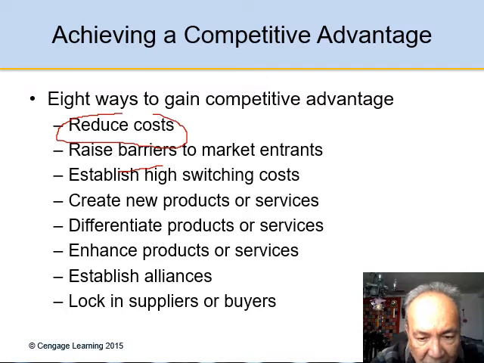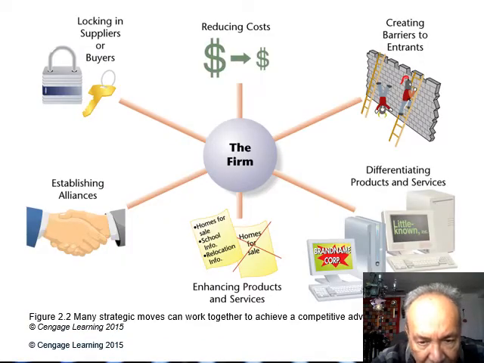Create new products or services. Differentiate products or services. Enhance products or services, make a better product. Establish alliances. And lock in suppliers and buyers. So these are the 8 of them.